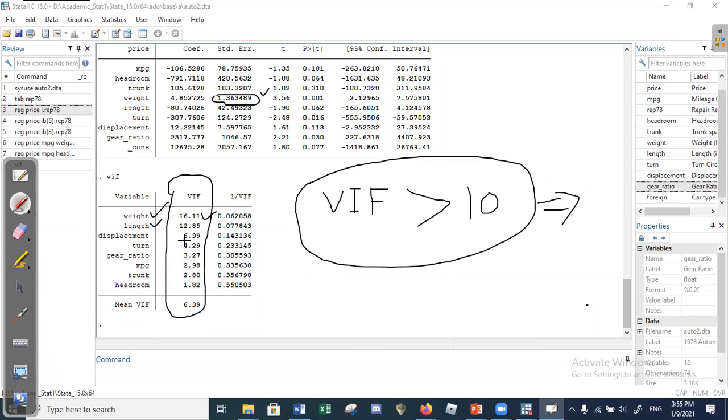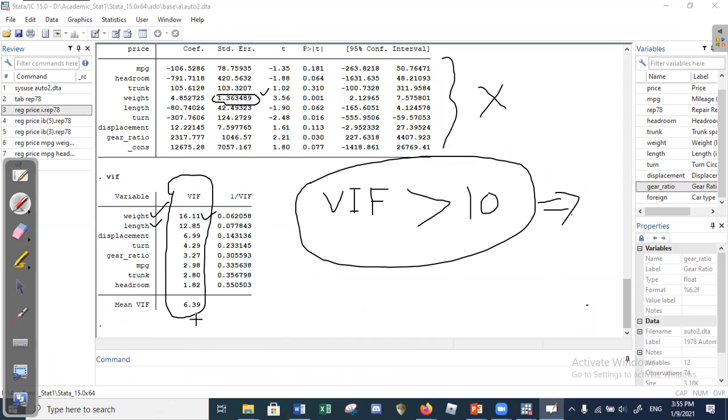And therefore, we would say that there is a case of high multicollinearity in this particular model. So you should not use this model as it is. Why? Because this model is suffering from high multicollinearity.